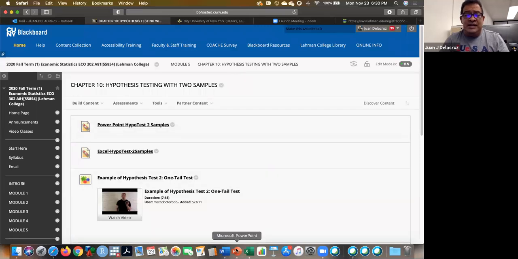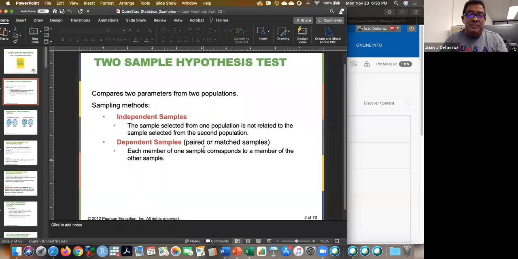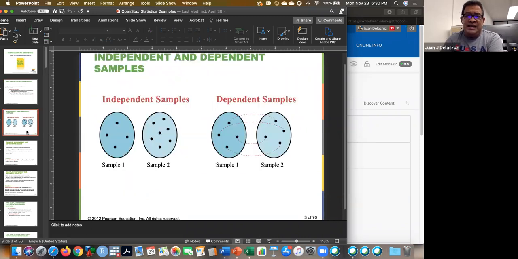Once again, we have these two samples. One can be independent, one can be dependent. We have a sample that is independent: those that belong to sample 1 are not the same as those in sample 2. As we can see, the sample size can or cannot be different. In this case we have 4 elements, and in this case we have 7 elements.